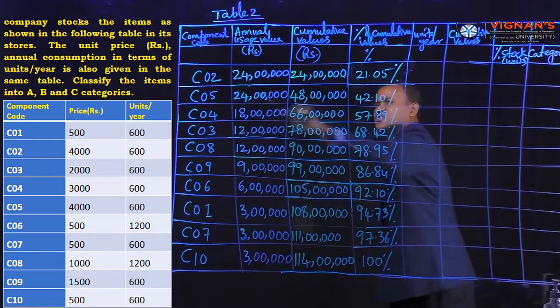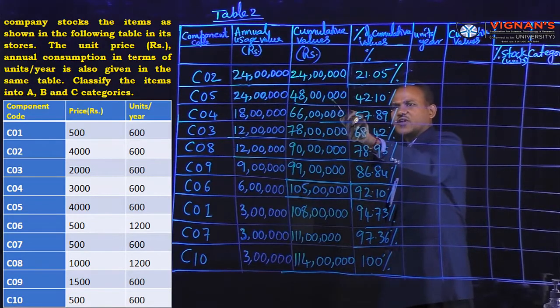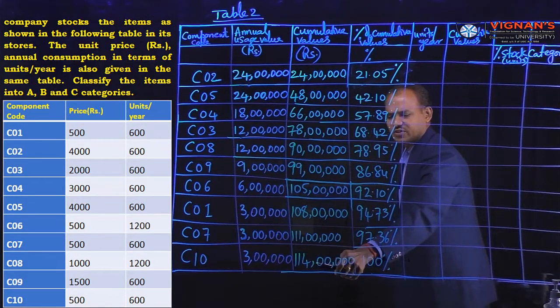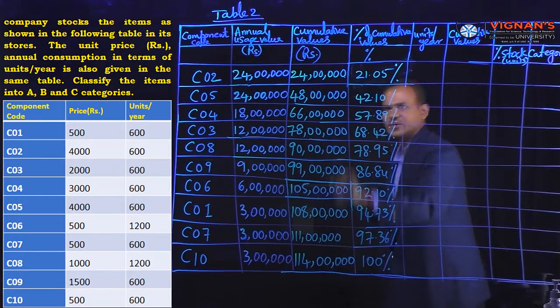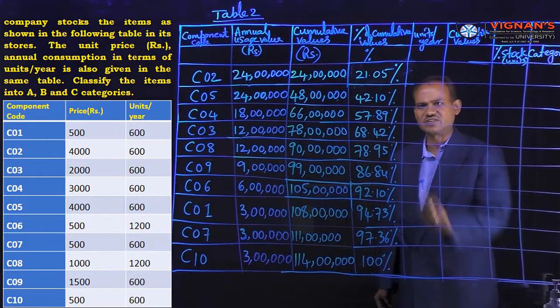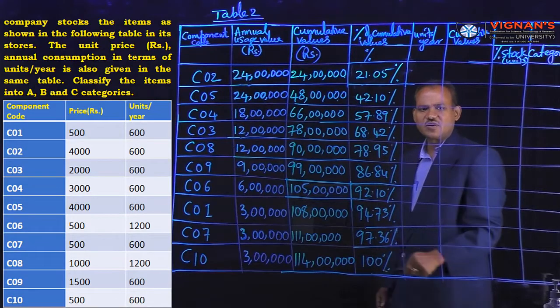Similarly, for C05 component, what is the cumulative value of C05? 48 lakh divided by total value 114 lakh. Therefore 48 divided by 114 into 100, it is nothing but 42.10%. Likewise, you can calculate for all the components.